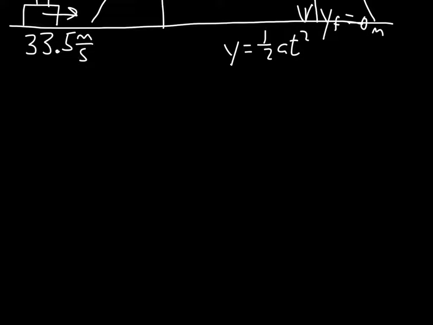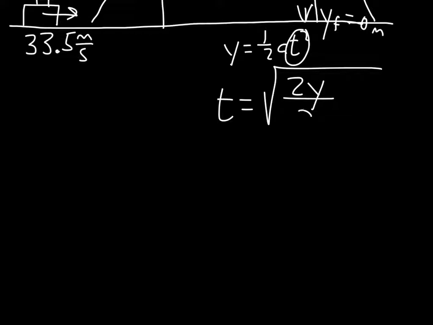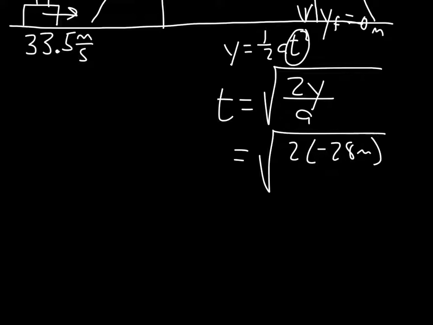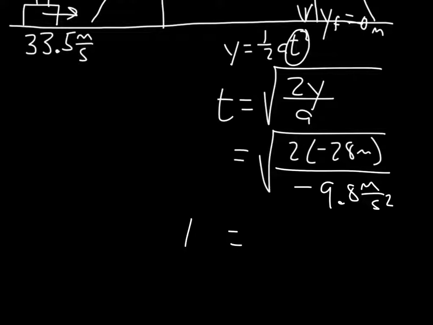Alright, so we don't want y, we want time, right? So we're going to have time is equal to square root of 2y over a is equal to square root of 2 times negative 28 meters, because that's how far the bowling ball falls. It falls negative 28 meters divided by negative 9.8 meters per second squared. And the time it takes for the bowling ball to reach the ground is 2.4 seconds.